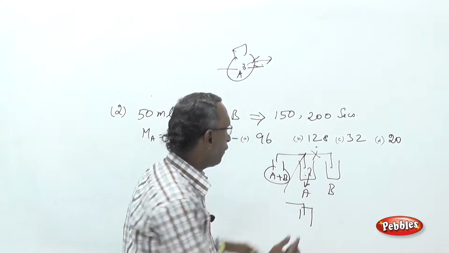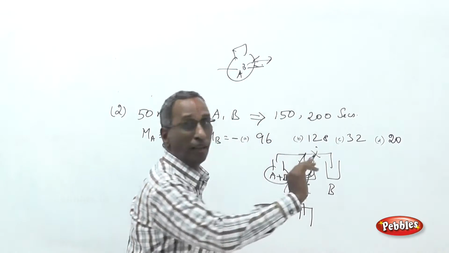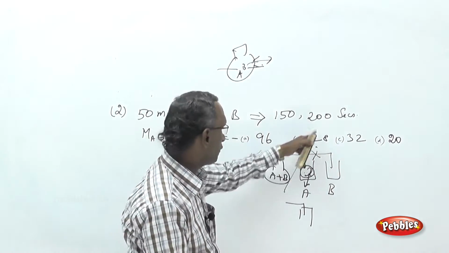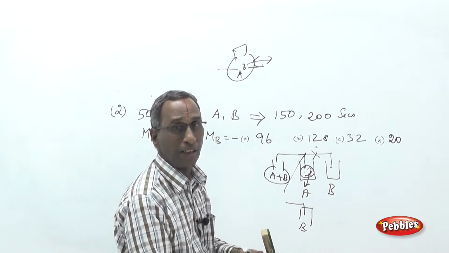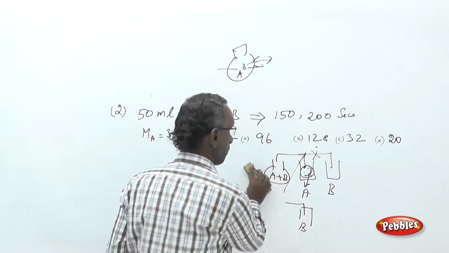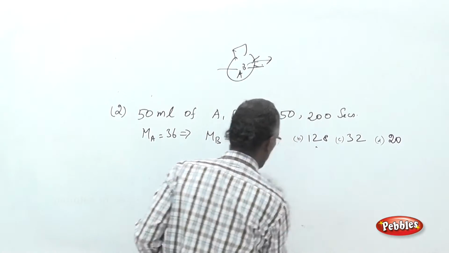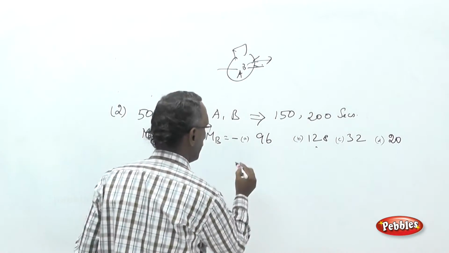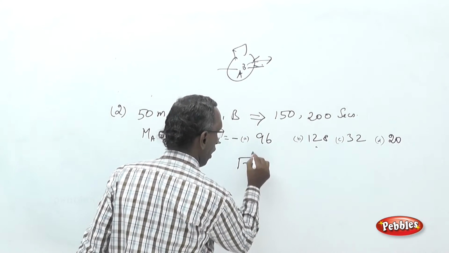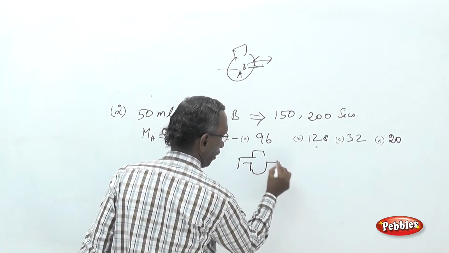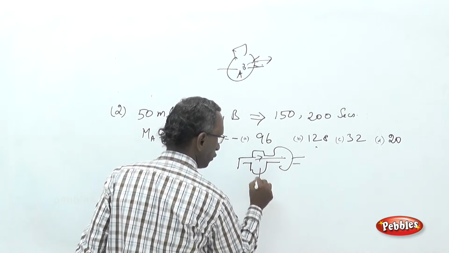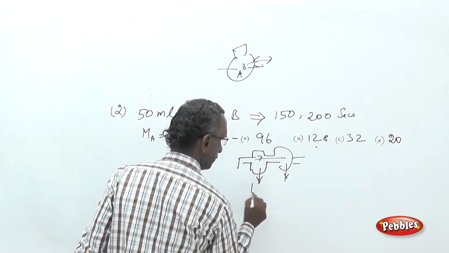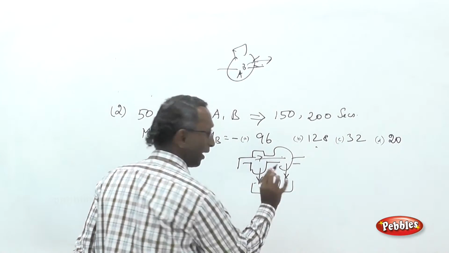It takes 150 seconds for A to fill its container, whereas it takes 200 seconds for the other container to fill up. Pressure gauge meters will be provided, and whichever gas moves faster will be collected in a separate arrangement.